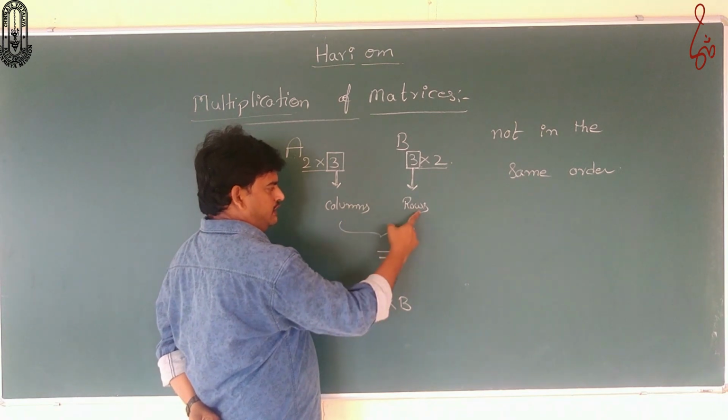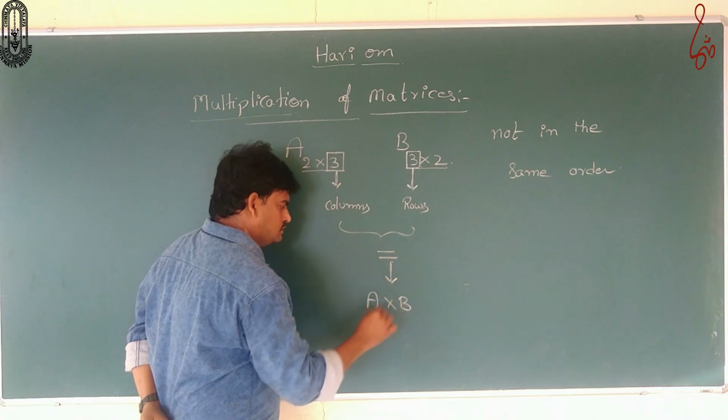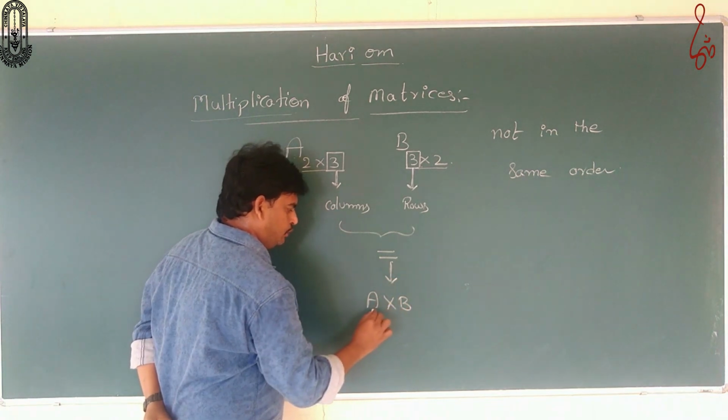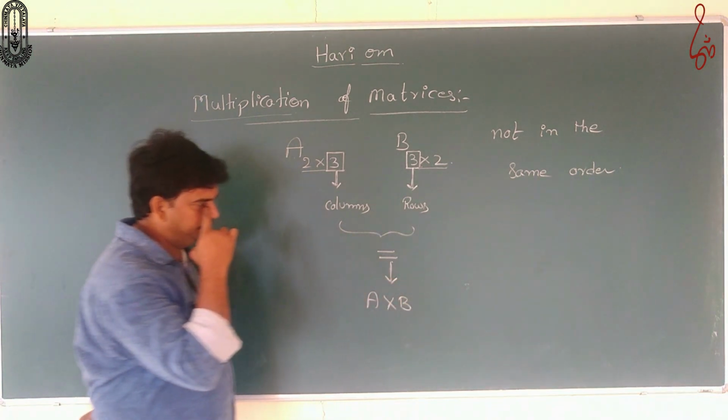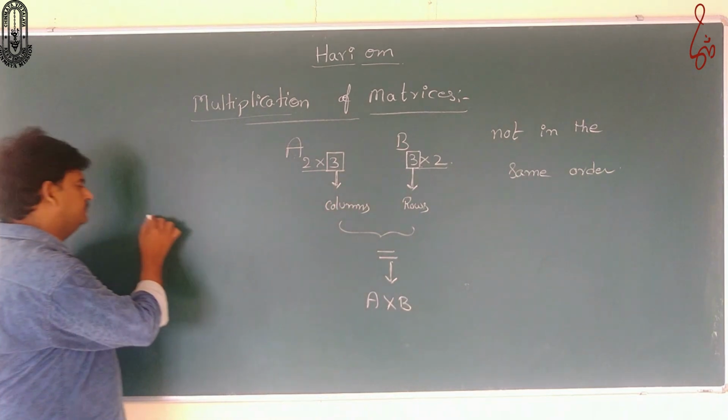Number of columns and number of rows both are equal, then there is a possibility to find the product of A and B. So this is the condition we need to find. What is the condition?